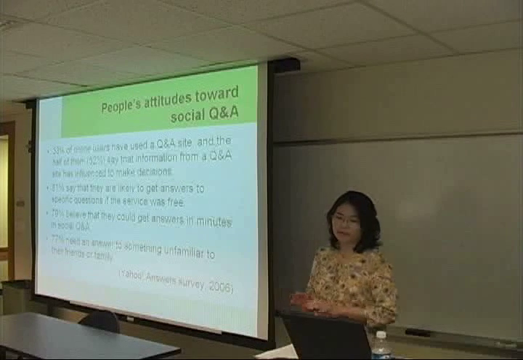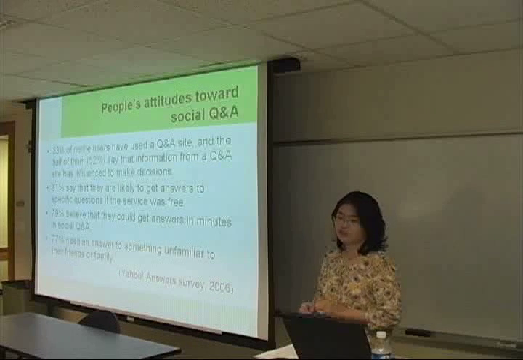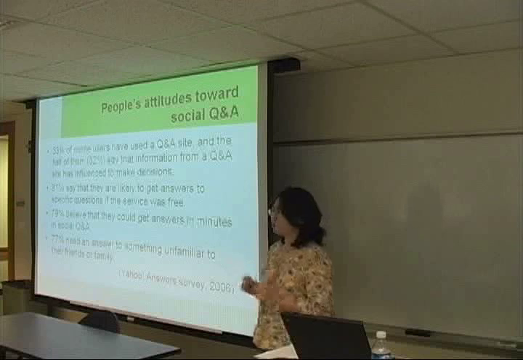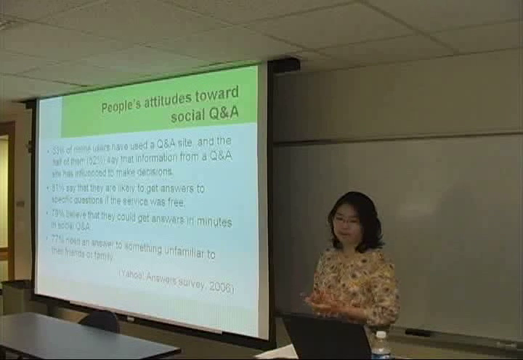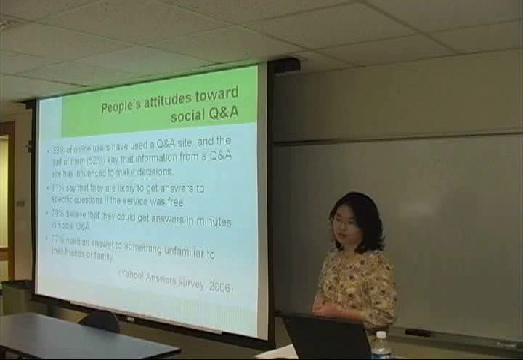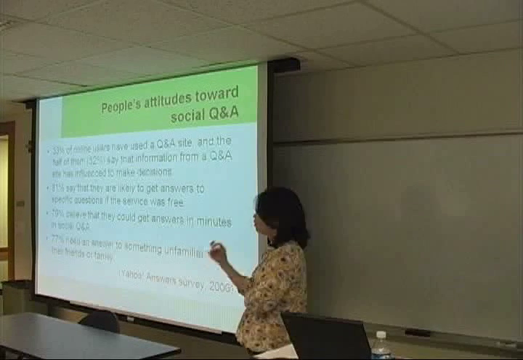And 81% of people say they are likely to get answers to specific questions if the service was free. The free part was emphasized here. About 80% of people believe they could get answers in minutes in social Q&A, so they expect that kind of immediate response.